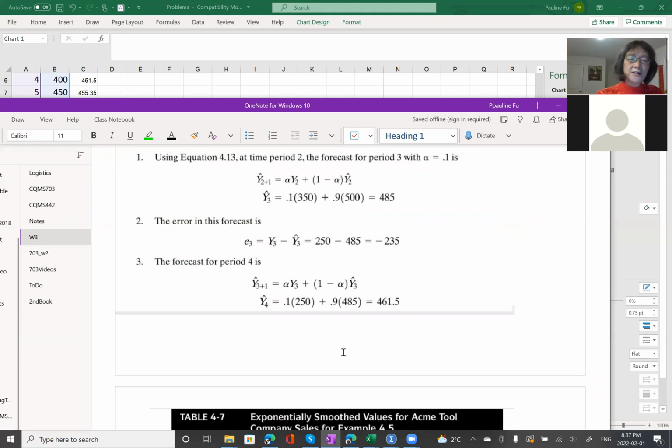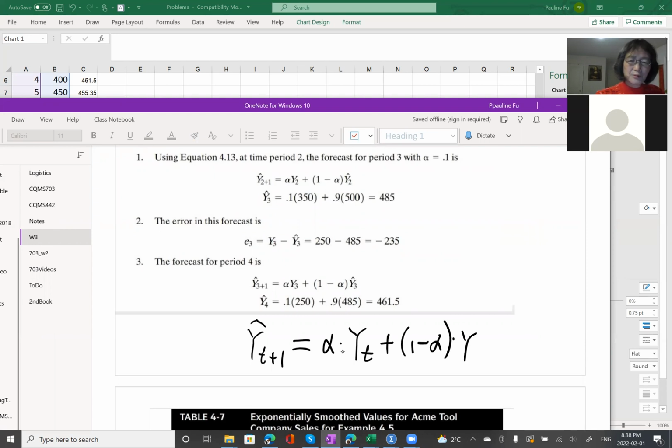So the formula says, if you want to forecast t+1, you are given a constant, we call that constant alpha. Alpha could be any number between 0 and 1. Then use Yt plus 1 minus alpha times Yt hat. This is the general formula.